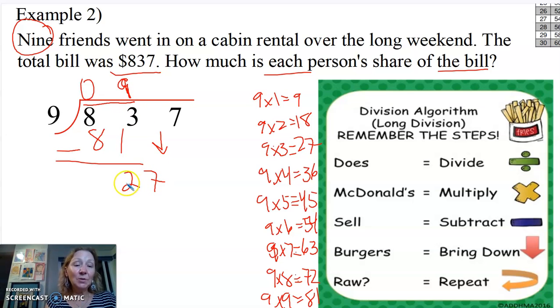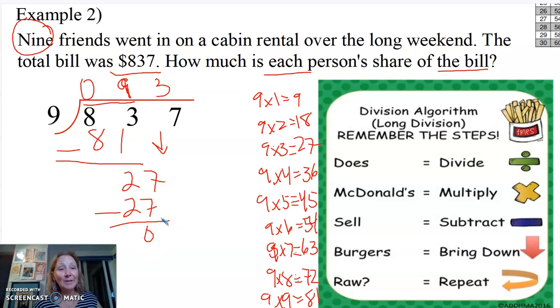Now I have 2 10s, which is 20, plus 7 is 27. Oop, there it is right there. 9 times 3. And then I go 9 times 3 is 27. I want to make sure that I subtract until I have no remainder left. So the answer is each person's share is $93. And I'll just put the each.